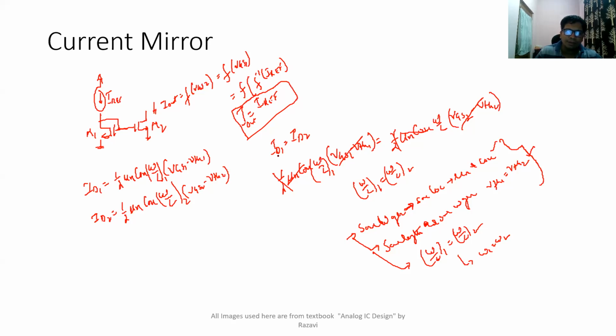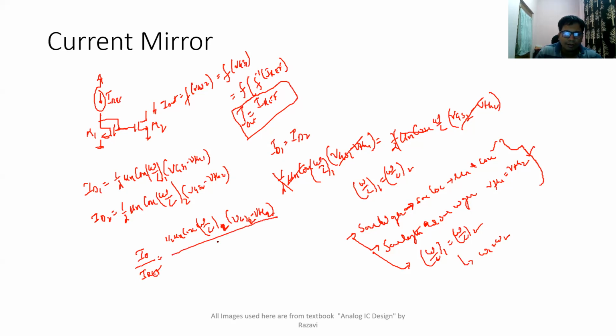In other words, instead of equating them, let us say I try to write the equation of I out by I reference. You will have 1 by 2 mu n COX, W by L of the first transistor, into VGS1 minus VTH1. So I naught is for the second transistor, where you have W by L of 2, VGS2 minus VTH2.